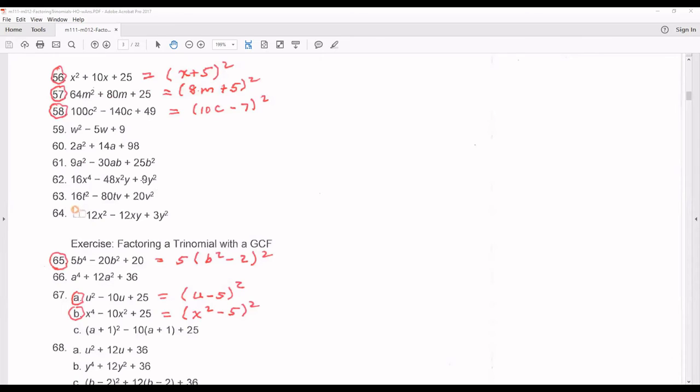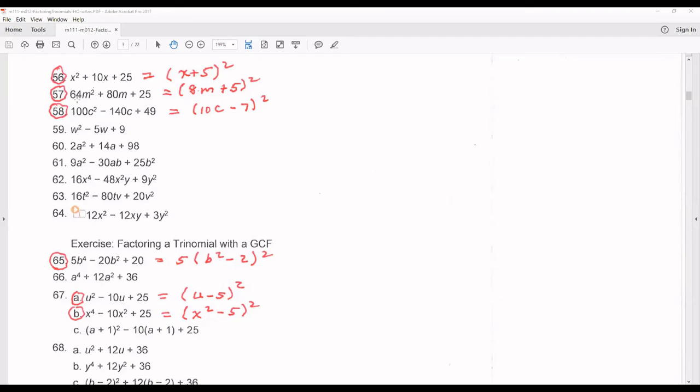Number 56. That happens to be a perfect square with a 1x on the front and a 5 squared on the back, so x plus 5 quantity squared.